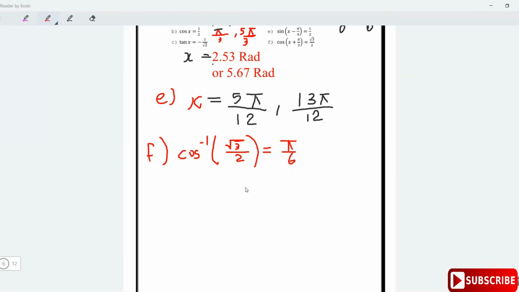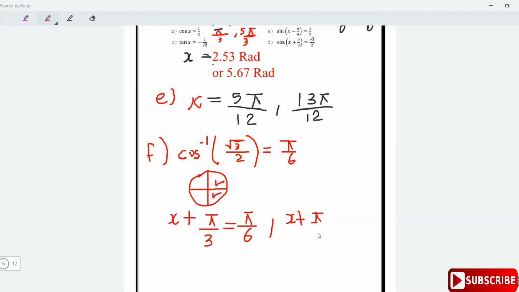So now that we get pi by 6, we draw our circle and look where cos is positive. Cos is positive in the first and the fourth quadrant. So that means x plus pi by 3 is going to be equal to the angle that we get in the first quadrant, which is pi by 6, or another possible solution is x plus pi by 3 is equal to the angle in the fourth quadrant.